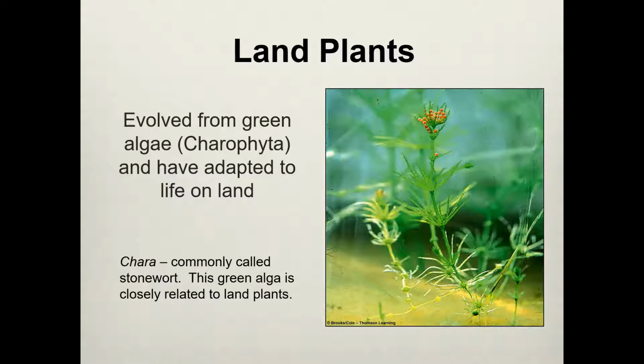And even looking at it, you can kind of see how plants may have evolved from a common ancestor like this organism. We're starting to see this branching that's green. We know it photosynthesizes. It even has stalks, which are kind of like stems that we see in plants. So we're starting to see these characteristics. Specifically, this particular example is called Chara, also known as stonewort, but it is part of the Charophyta phylum.